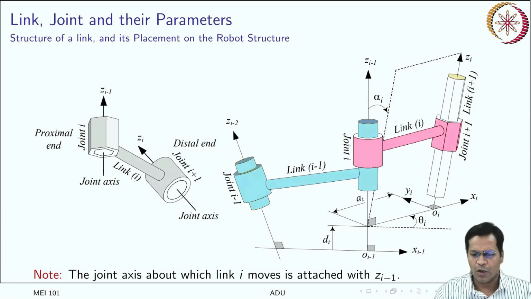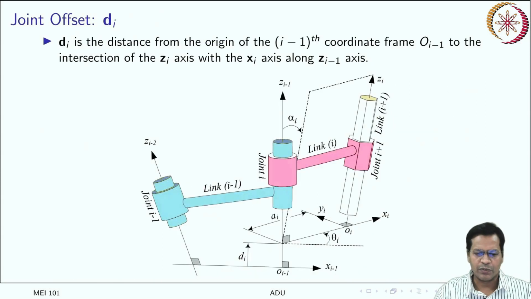So now let us formalize the whole link with the different parameters which actually define a link. Starting with that, the first parameter is known as the joint offset.